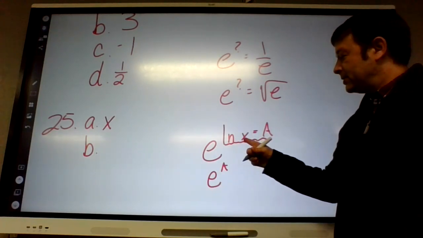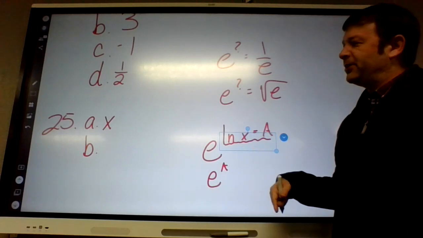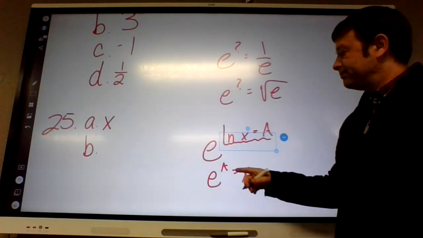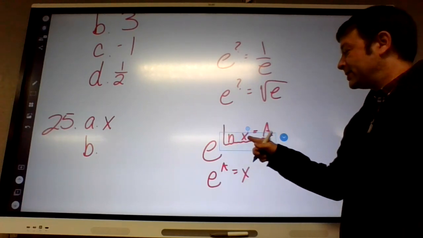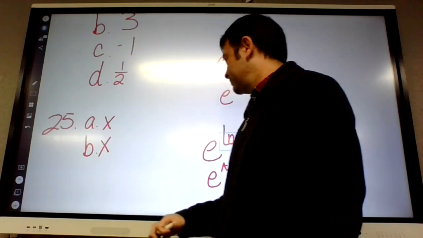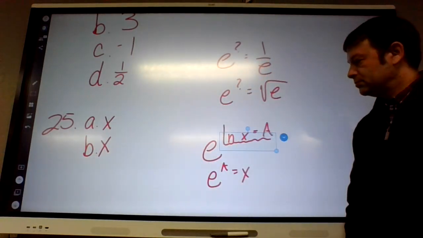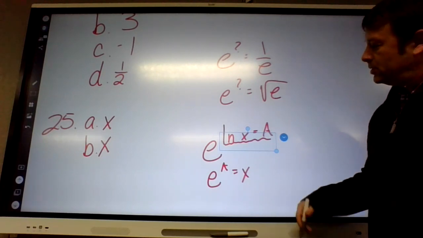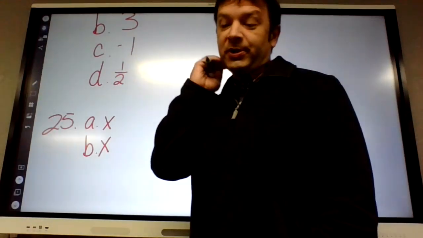And e to the a is supposed to equal x. Basically the exponent and the natural log kind of cancel each other out, and it's just x again. Never knew how to make those simple. Yeah, it's kind of a weird question anyway.